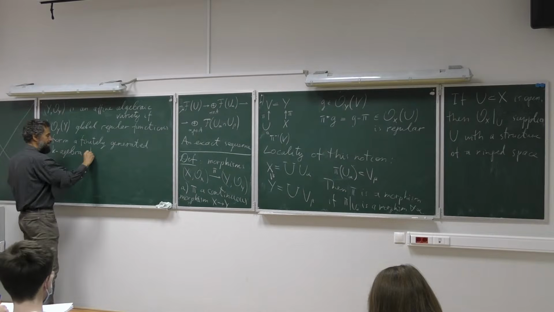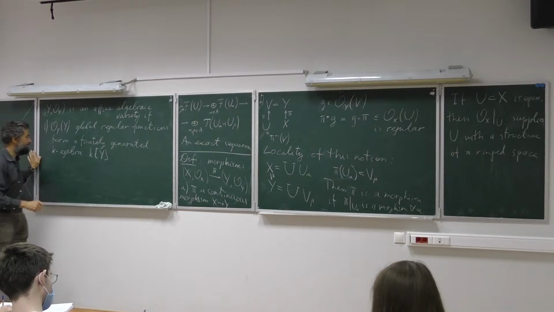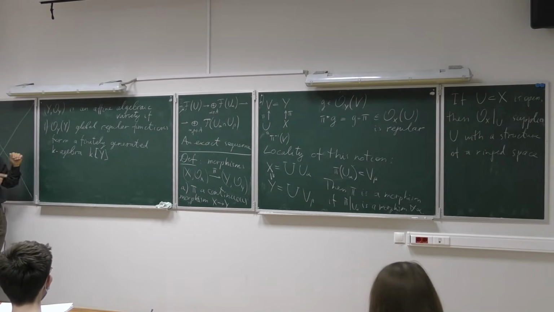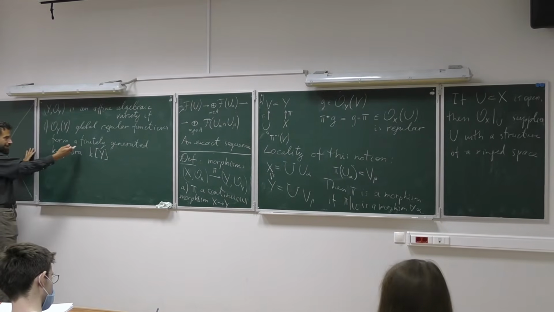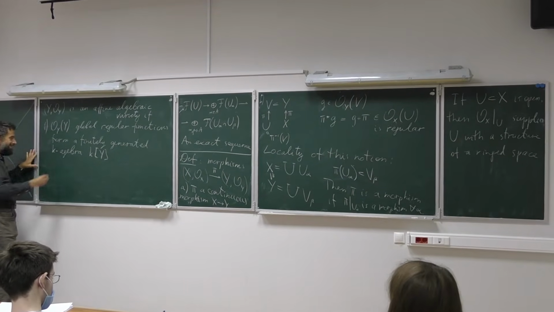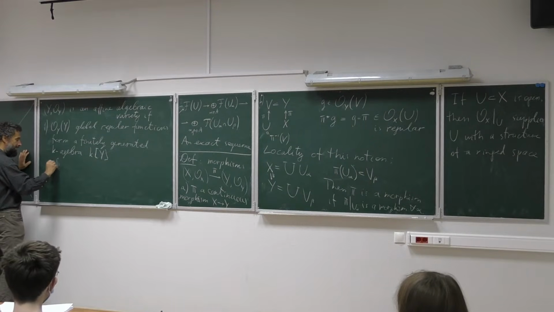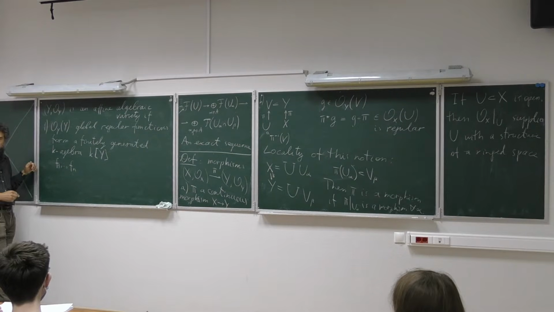And it's also denoted by this. So these are the same things. And what does it mean? It means that there are finitely many generators, like x1, or maybe f1, and so on, fn.